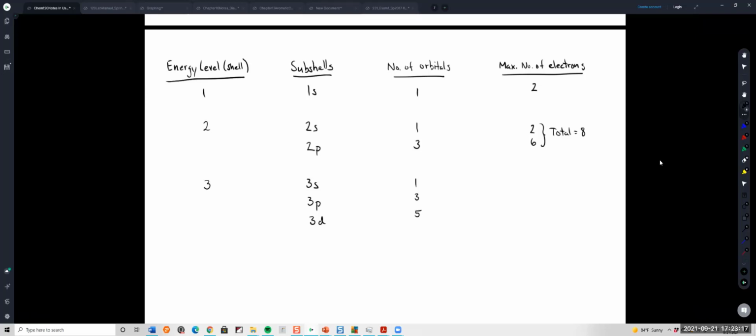And we can hold 2 electrons per orbital, so there'd be 2 in the s, 6 in the p, and 10 in the d, for a total of 18.